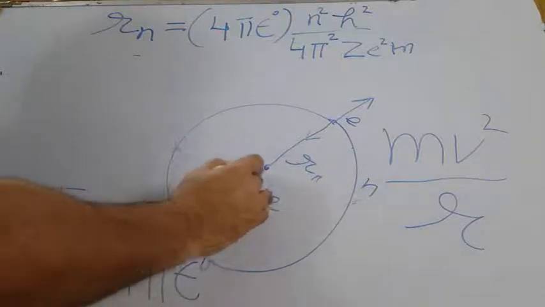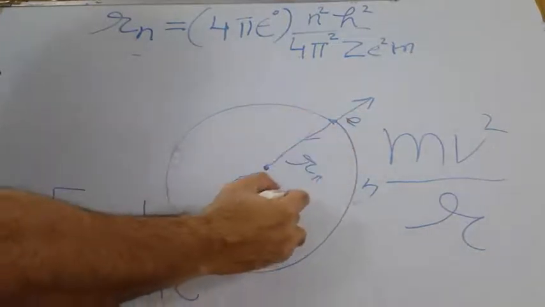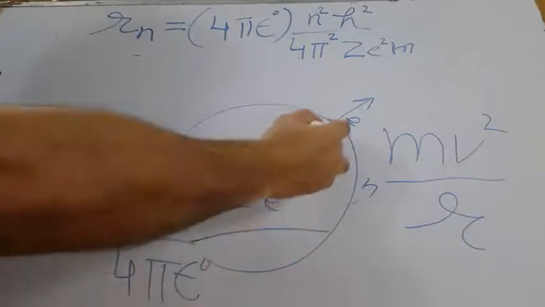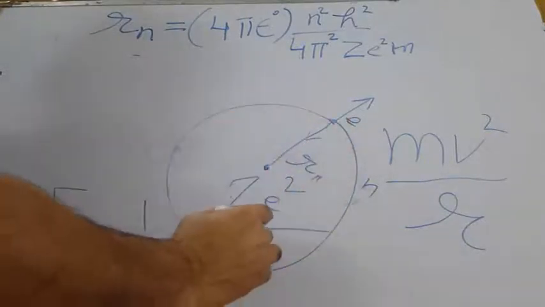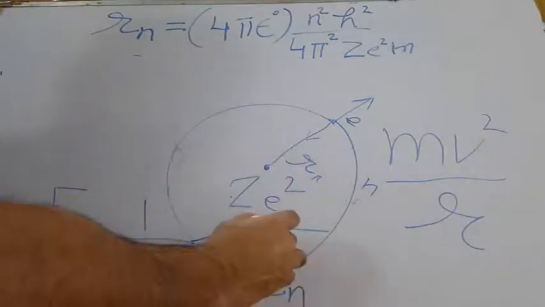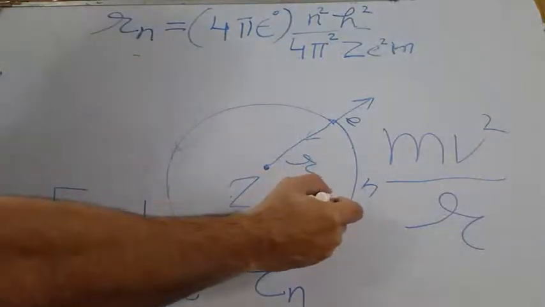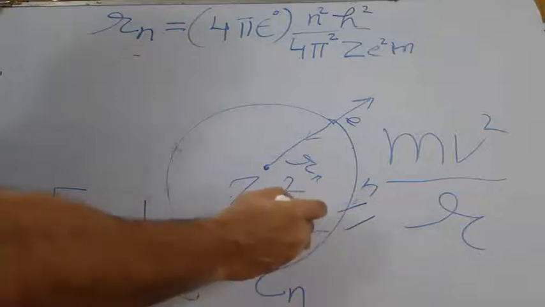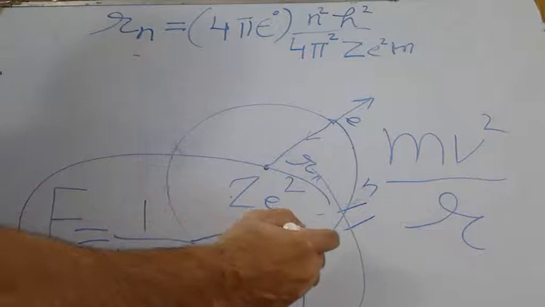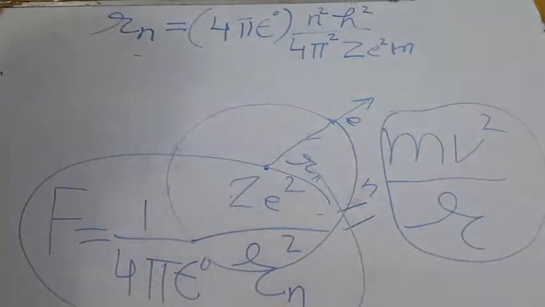Therefore, Q1 Q2 is Ze into e, which comes out to be Ze square divided by the square of this r, Rn square. And here both forces must be equal. This force acting as centripetal force should be equal to this centrifugal force.